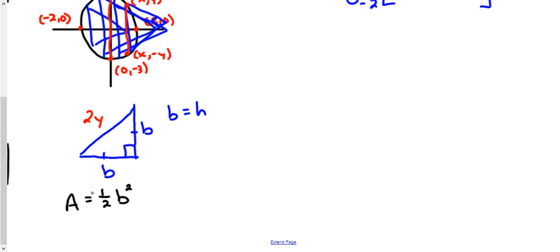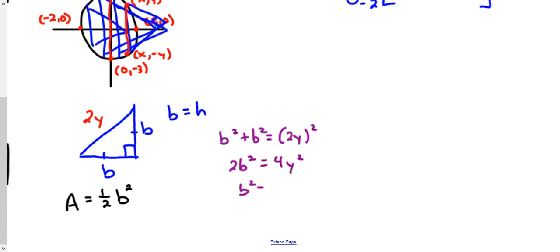Now, I need to get this in terms of x. Right off the top of my head, I don't see a way to do that, but I do know the Pythagorean theorem. I do know that b squared plus b squared should equal (2y) squared. So 2b squared should equal 4y squared.